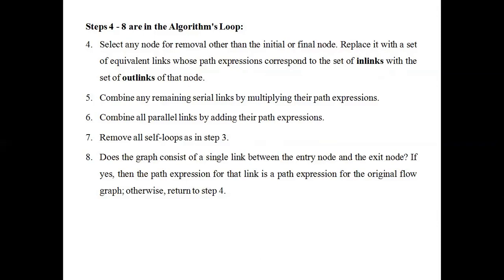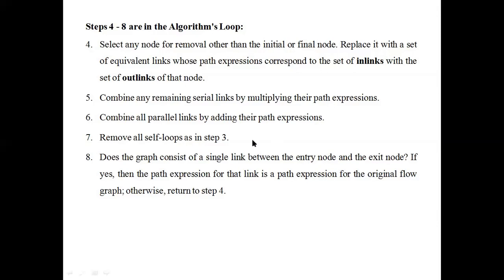For example, you are removing node 10, and it gets a plus b as a path expression. So that path expression is added to the inlink of 10 and the outlink of 10. For example, the inlink of 10 is 8, and the outlink of 10 is some loop 7. So for 7 and 8, this a plus b will be added as the links.